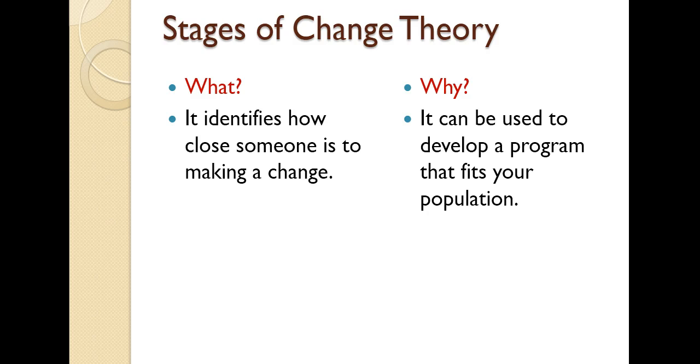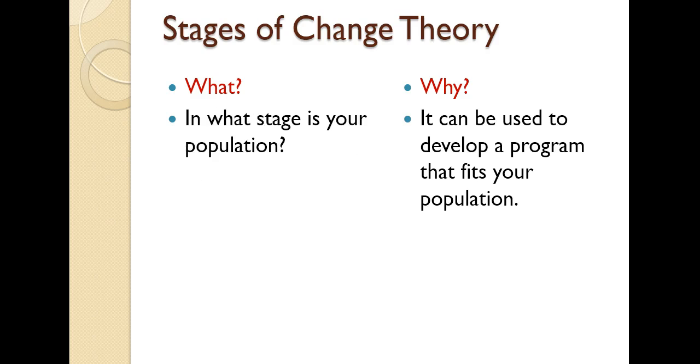So why would you use stages of change theory? It's important if you're trying to figure out how close someone is to making a change. If someone is in the pre-contemplation phase, their program is going to look very different than if someone's in the preparation phase. That helps you develop a program that best fits your population.